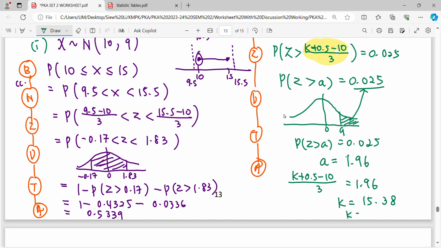So when we make it discrete, the 15.38 has to be rounded off to just 15. If our K comes from continuous, then decimals are alright. We will accept the decimal, no need to round off. If the K comes from discrete binomial, yes, you have to round off to a discrete number.